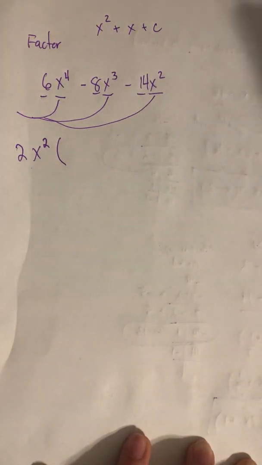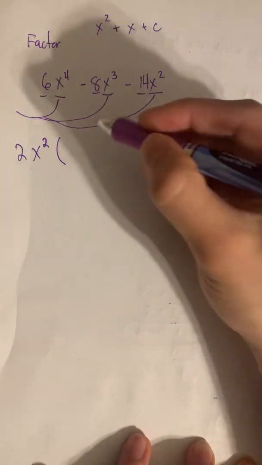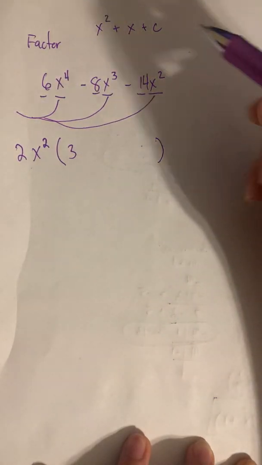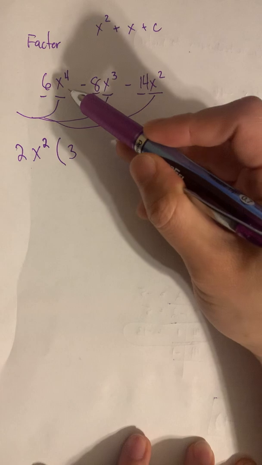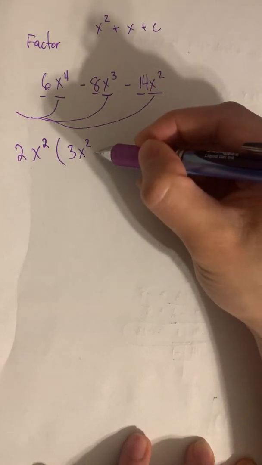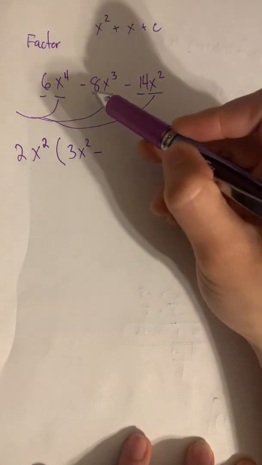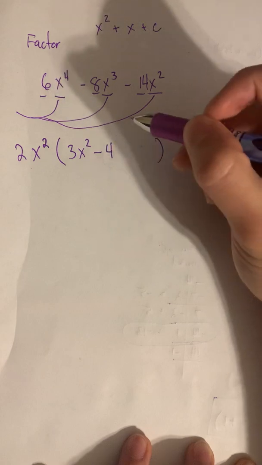So what I'll have left inside the parentheses: if I took out a factor of 2 from 6, I'll have 3. If I took 2 x's from 4 x's, I'll have x to the 2nd here. Same thing for the middle term, bring down the minus sign. If I take out a factor of 2 from 8, I'll have 4.